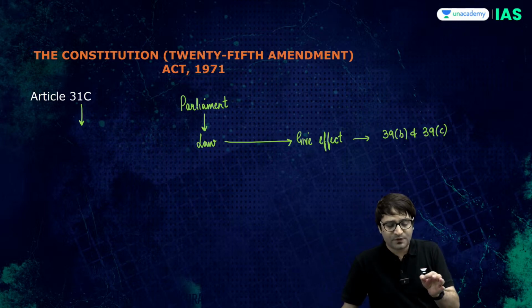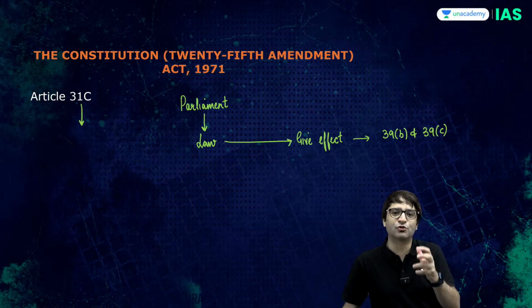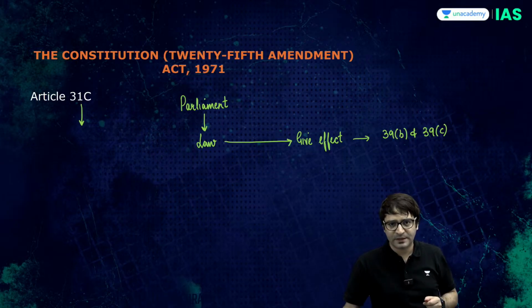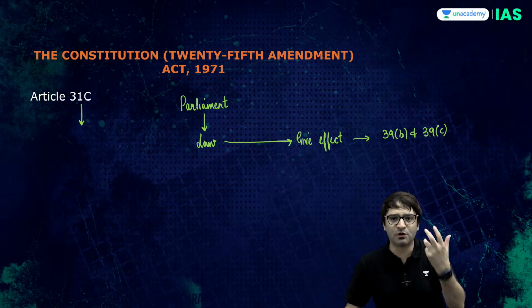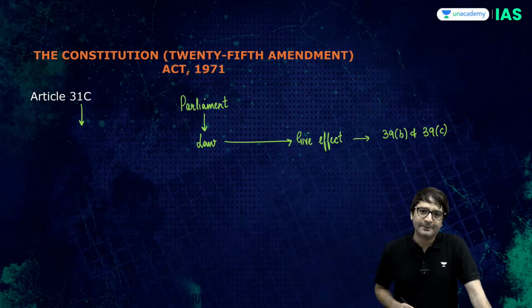39B, the ownership and control of material resources should be so distributed so as to subserve the common good. And 39C, the operation of the economic system should not result in the concentration of wealth and means of production to a common detriment. That means there should not be concentration of wealth.